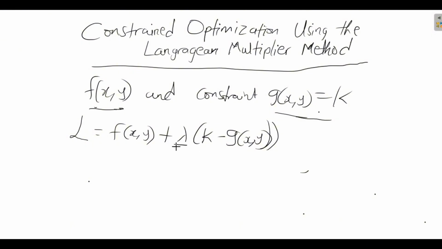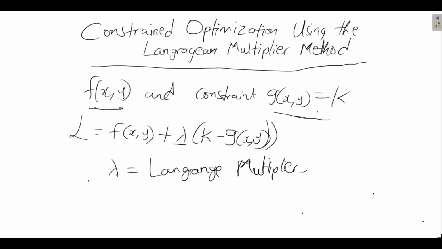Note that lambda here is what we call the Lagrange multiplier. It tells us that for any unit increase in the constraint function or in the constraint budget, how much will the objective function change?